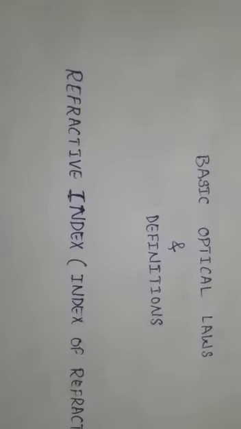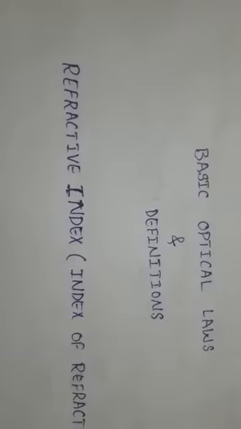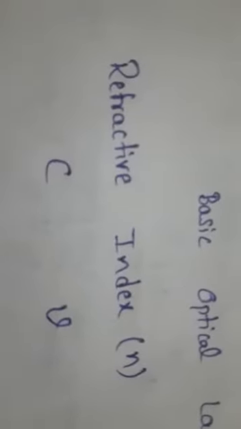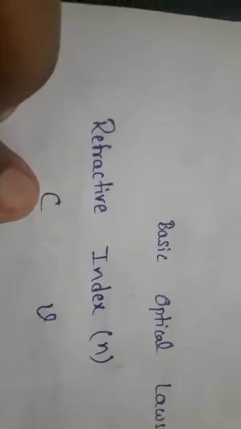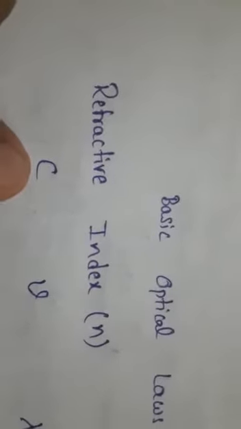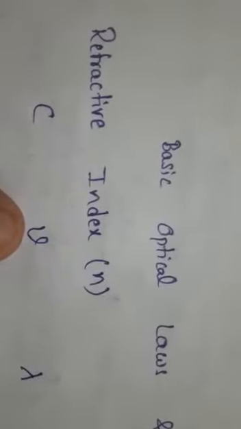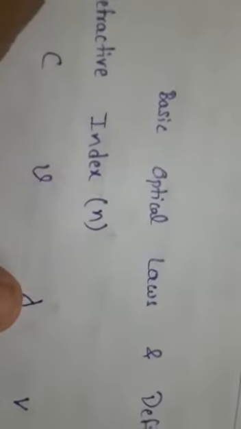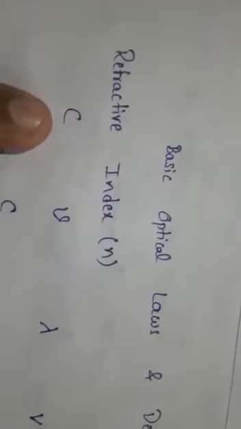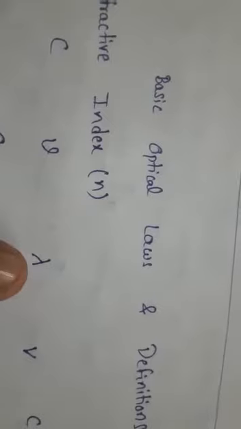To define this, suppose a light wave in free space has a speed, that is c, capital C. That is the light speed in free space, and its frequency is nu, and its wavelength is lambda.